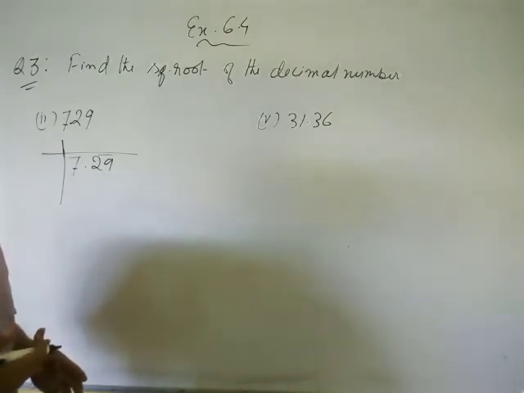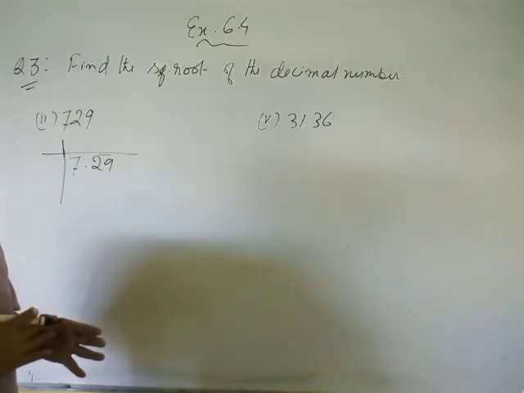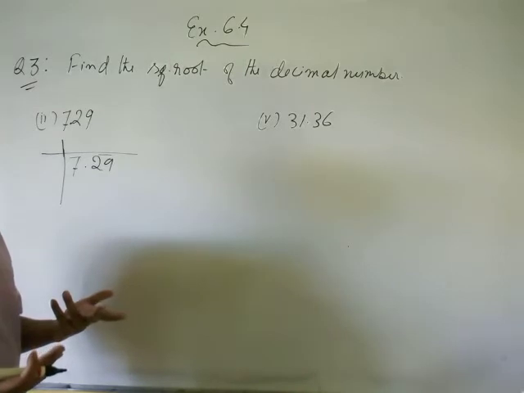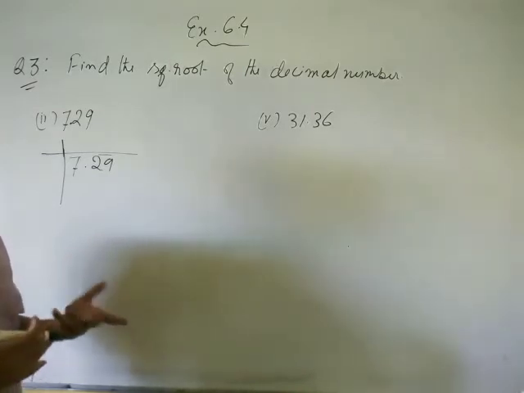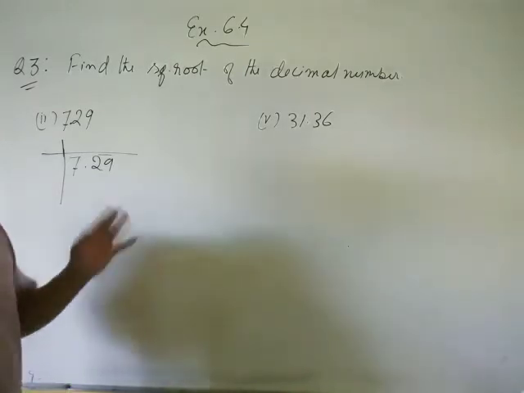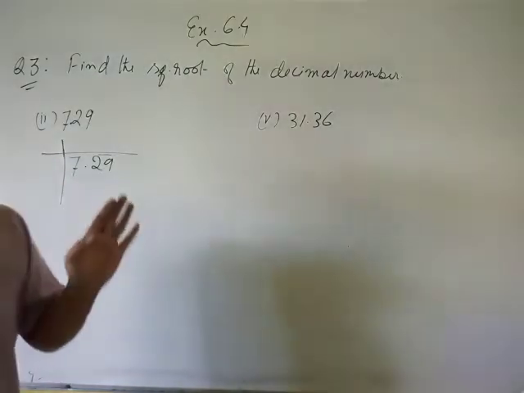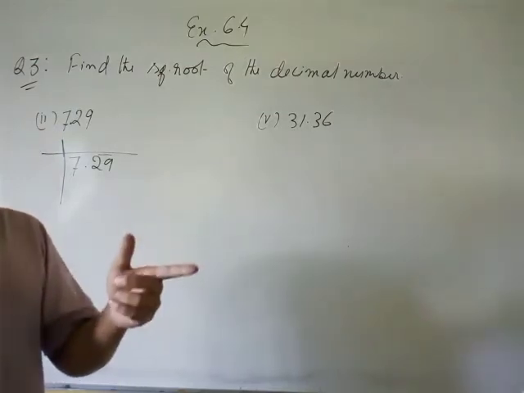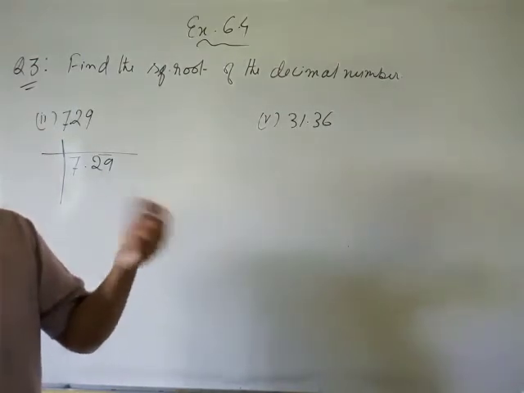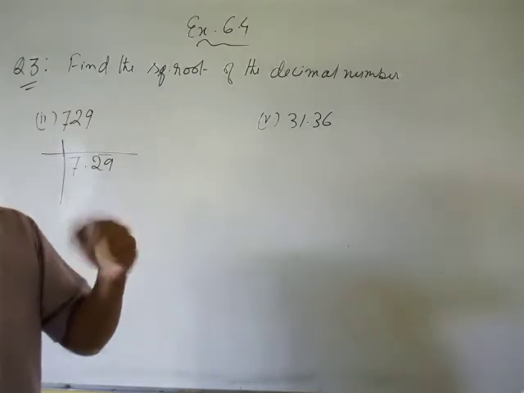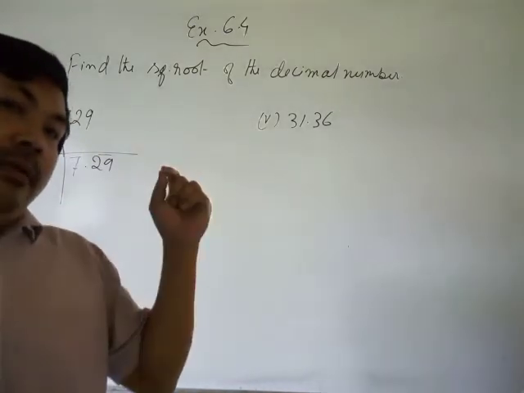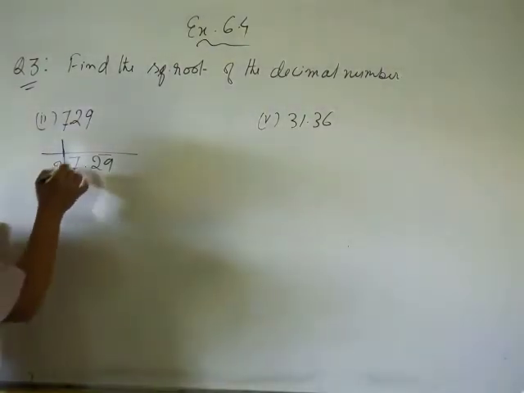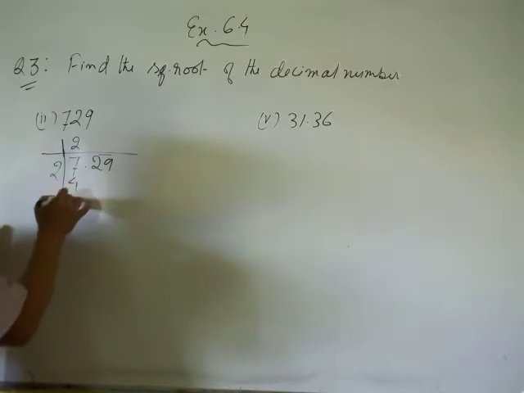We know that 4 and 9 are there, which is close to 7, but 9 is bigger. We cannot take this 9 in the division, isn't it? We will take the other square number, which is smaller than 7. That is 4. Sorry, 2. 2 2s are 4.